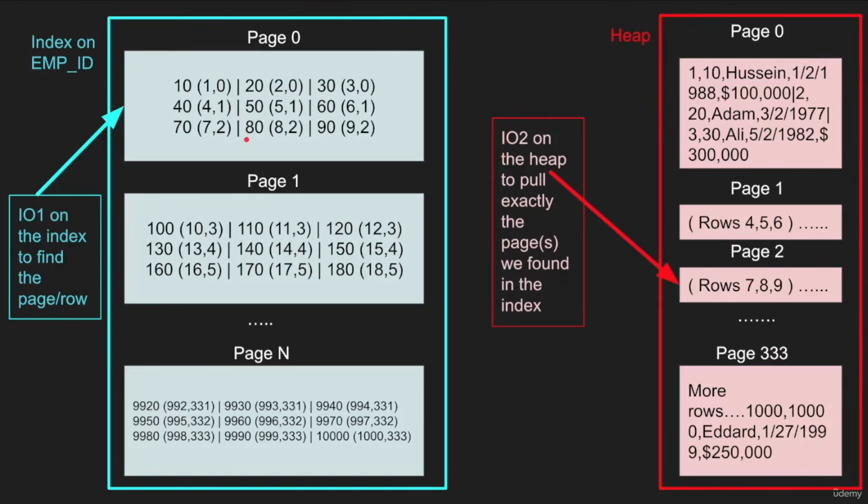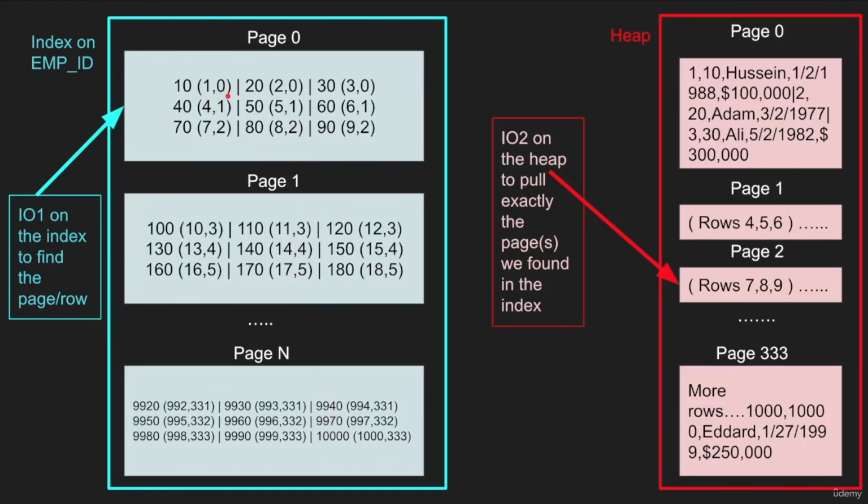But in the index, let's say I indexed on employee ID, which is this 10, right? So you're going to see only the employee ID here. So 10, 20, 30, 40, 50, 60, 70, 80, 90, and then up until 10,000, which is the last employee. Okay, I have all the employees here, but that's just their IDs. And look, what do we have here?